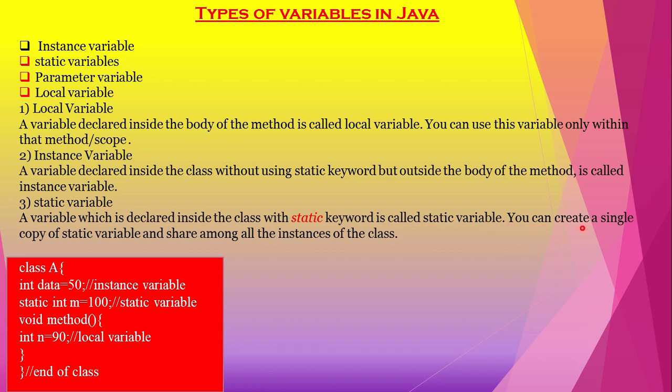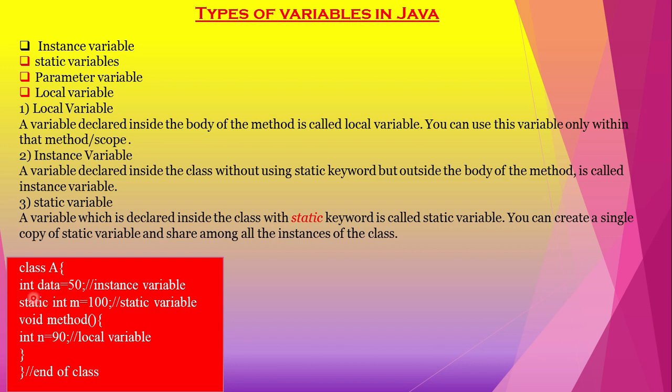For a static variable only one copy will be available for the entire class, but for an instance variable, as many objects as you make, that many copies will be available. For example, in a class, the projector is shared with the entire class, but your bag and your personal pen are individually available for you.